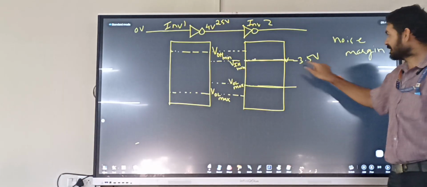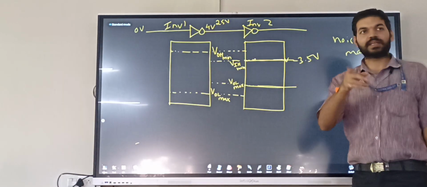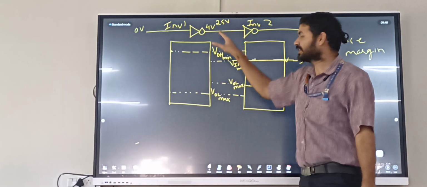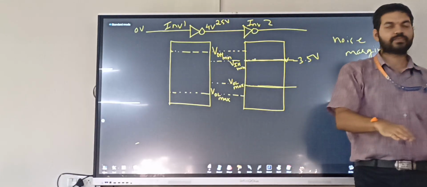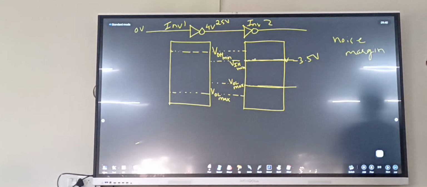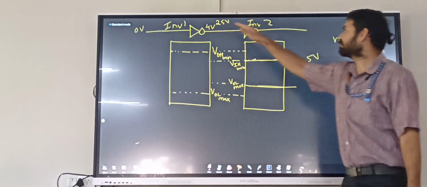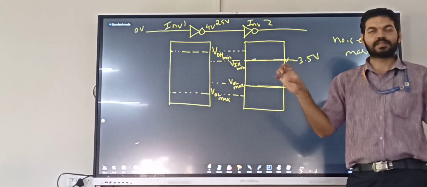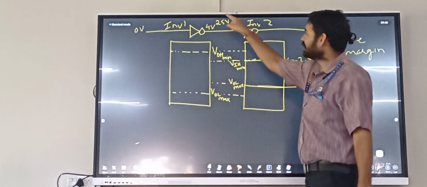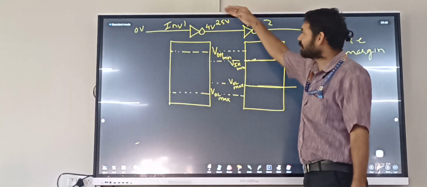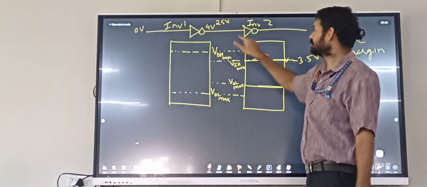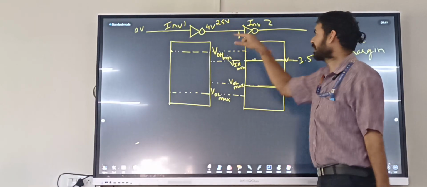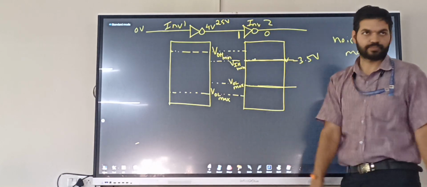If the output of the first inverter is less than 3.5, then it will not be considered as high. So we have defined the levels. Any voltage greater than 3.5 will be considered as logic high, and again I will get logic 0.